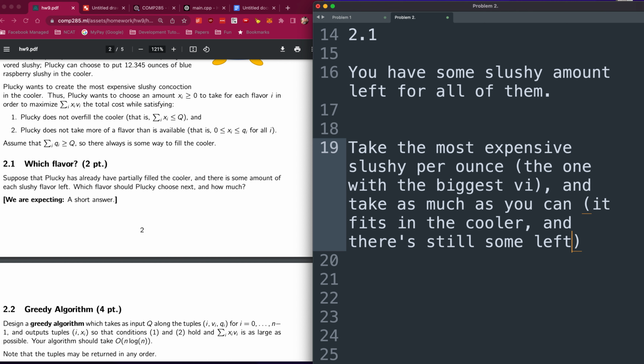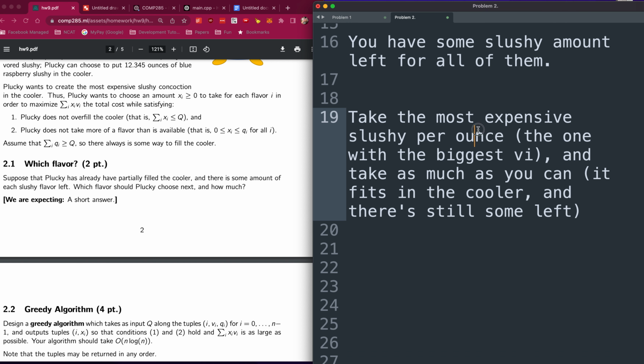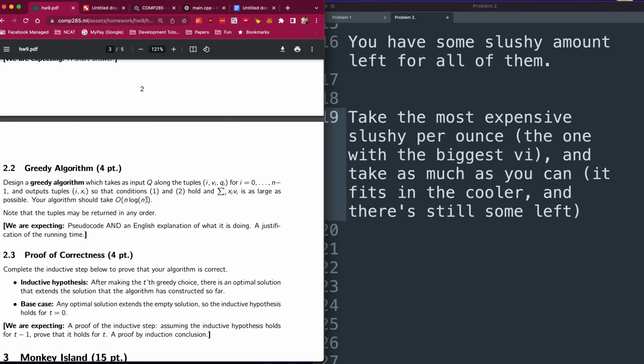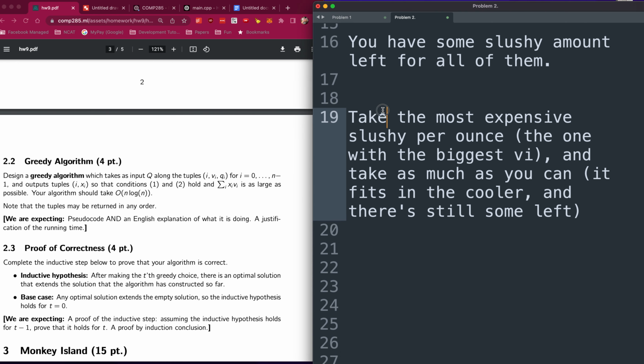For this problem, because we're taking slushies and you can take an arbitrary amount of any slushy, the one that is the most valuable is always the most valuable, because you don't ever end up having to take the most valuable one and then have space left over. You can always fill that space with the second most valuable one. Right, so that's why the greedy algorithm actually works in this example. But we're going to walk through the proof of correctness. So if you didn't understand that, no worry.